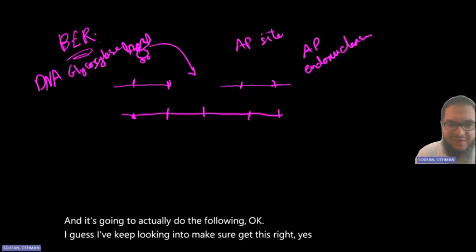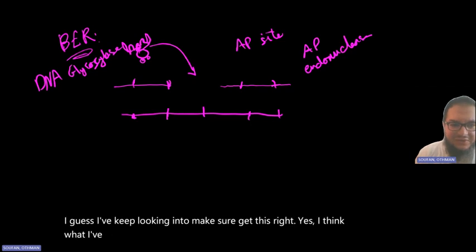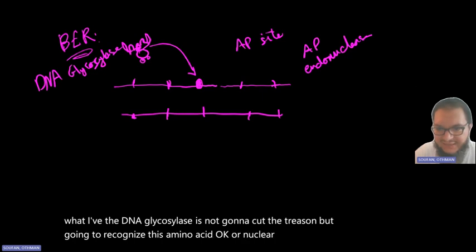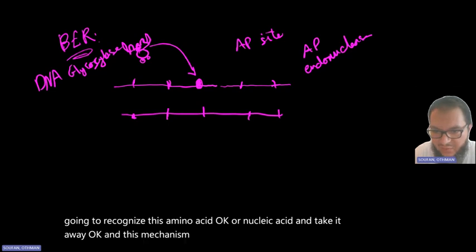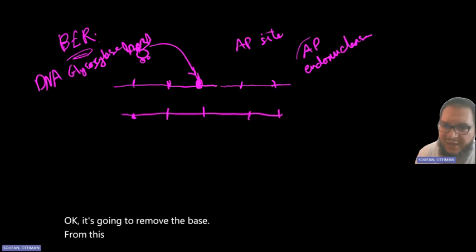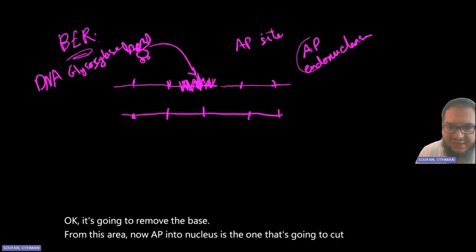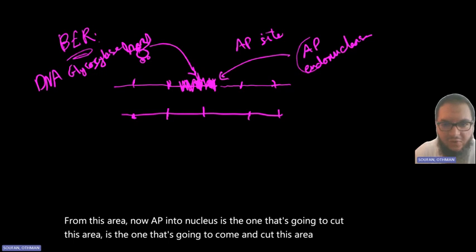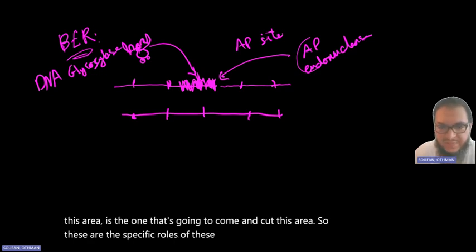The DNA glycosylase is not going to cut this region, but it's going to recognize this base, or nucleic acid, and take it away. So it's going to remove the base from this area. Now, AP endonuclease is the one that's going to come and cut this area. So these are the specific roles of these two enzymes.